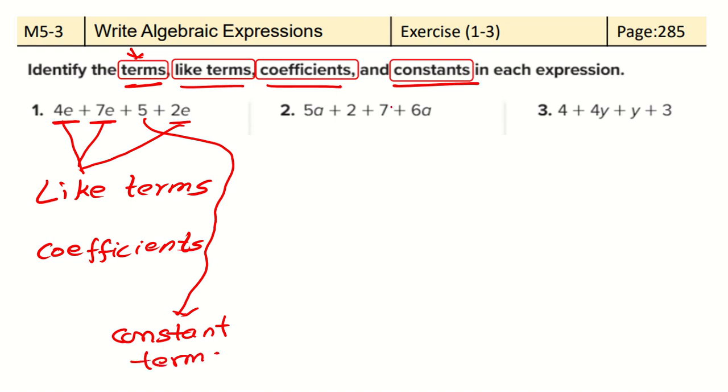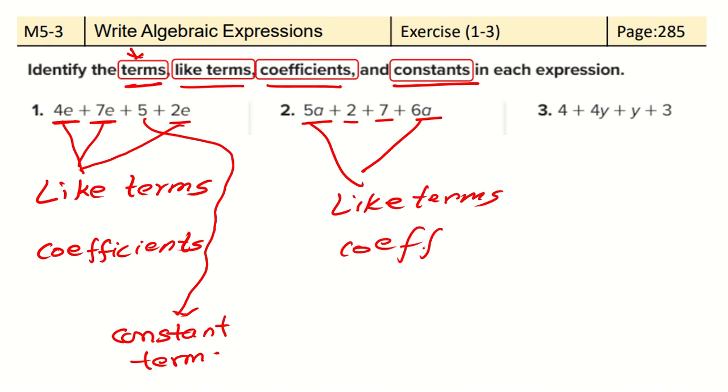Okay. Now same for this also: 1 term, 2 terms, 3 terms, 4 terms. 5a and 6a are the like terms and they are the coefficients also. And here, what are the constant terms?